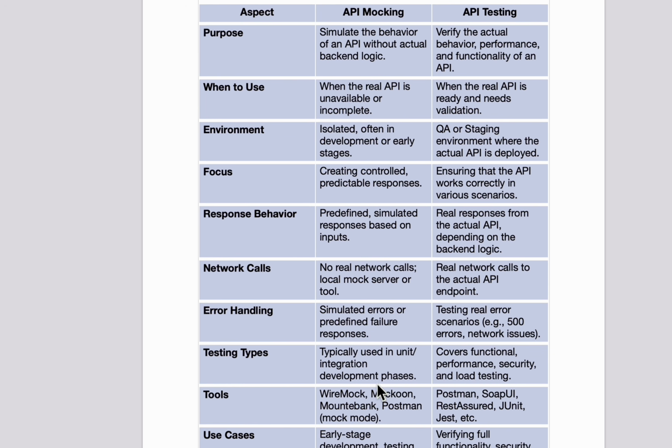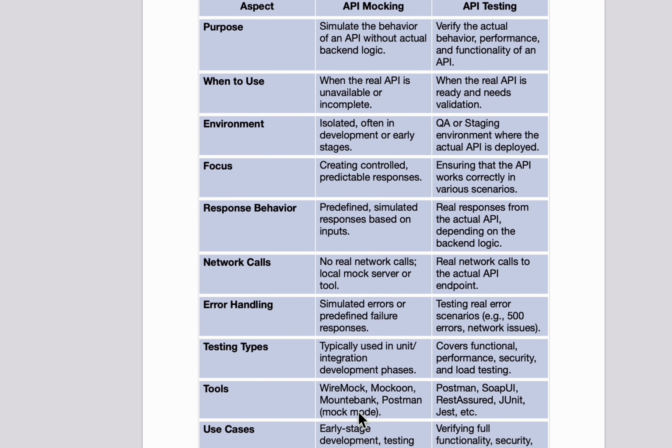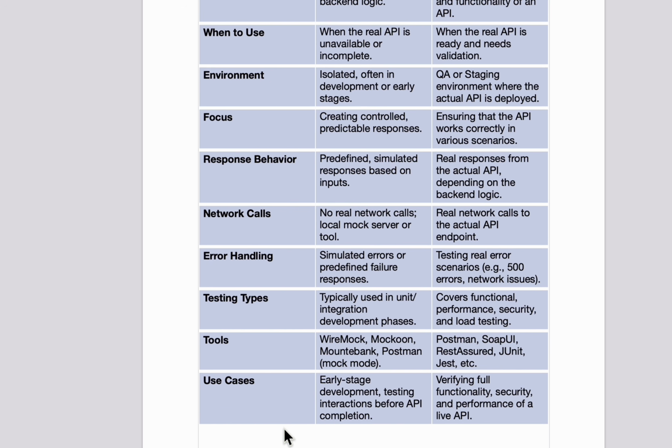So what are the tools we are using for API mocking and API testing? For API mocking, we are using WireMock, Mockoon, Mountebank, Postman. But in case of API testing, we are using Postman, SoapUI, REST Assured, JUnit, Jest, etc. that we have in the market. And the next one is use cases.